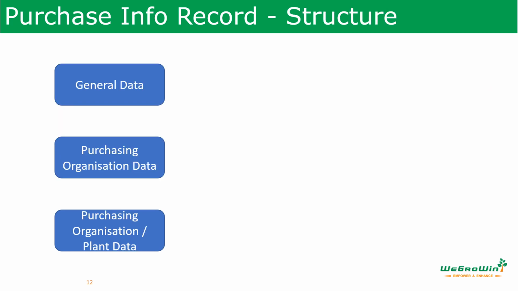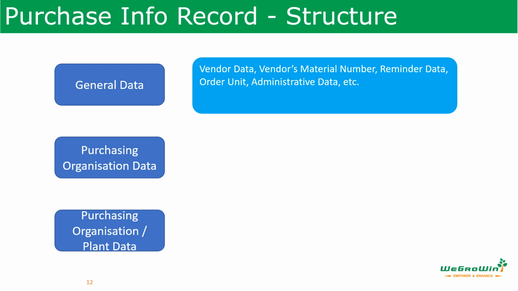Like most of the master data, the purchase info record is arranged with a structure. It contains general data, purchase organization data, and the purchase organization and plant combination data. General data is valid for every purchasing organization or every plant.